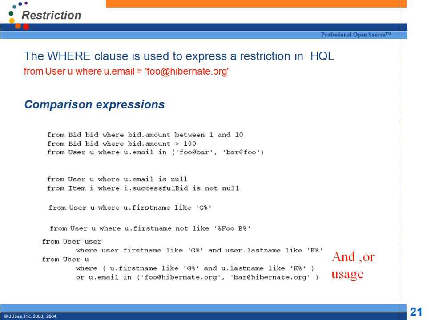It will give all the items which have a successful bid, where successful bid is not null. Yes, one item will have one successful bid. Here it is like querying on objects. This is the only one which is not similar to SQL. We are querying on objects, right?